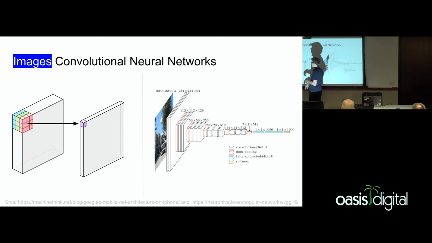In the case of images, you'll generally have 3 channels for the different colors, red, green, and blue. So you can represent an image as an n by n by 3 matrix. Then your convolutional neural network will have these convolution layers where they have essentially 3-dimensional tensors, which would be a matrix in our case.